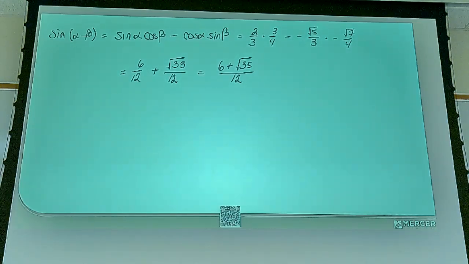Negative times negative, you still have that, so that's positive, which means this sign switches to minus. Copy that down.